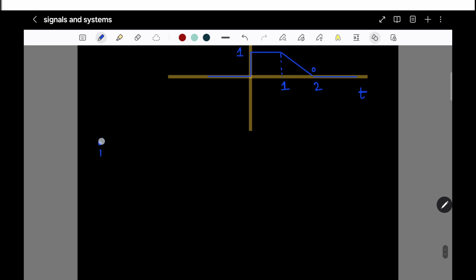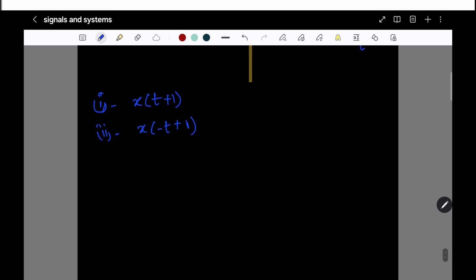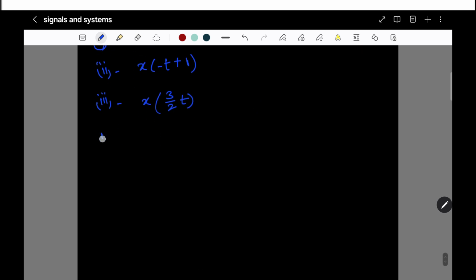You are asked to find x of t plus 1, then x of minus t plus 1, x of 3 by 2 t, and then x of 3 by 2 t plus 1.